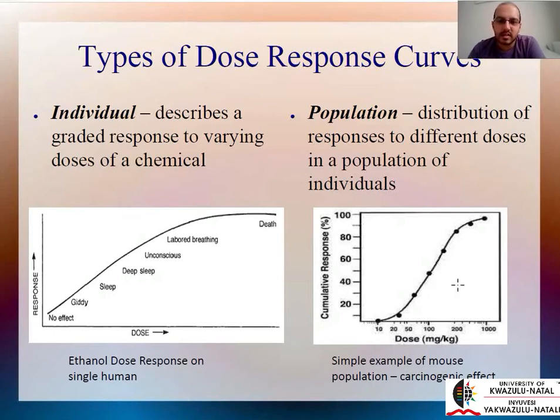Typically, studies need to be conducted on a larger population to establish a distribution of responses to different doses in a population of individuals. Okay, so this is, for example, a mouse population studying the carcinogenic effect of benzene.